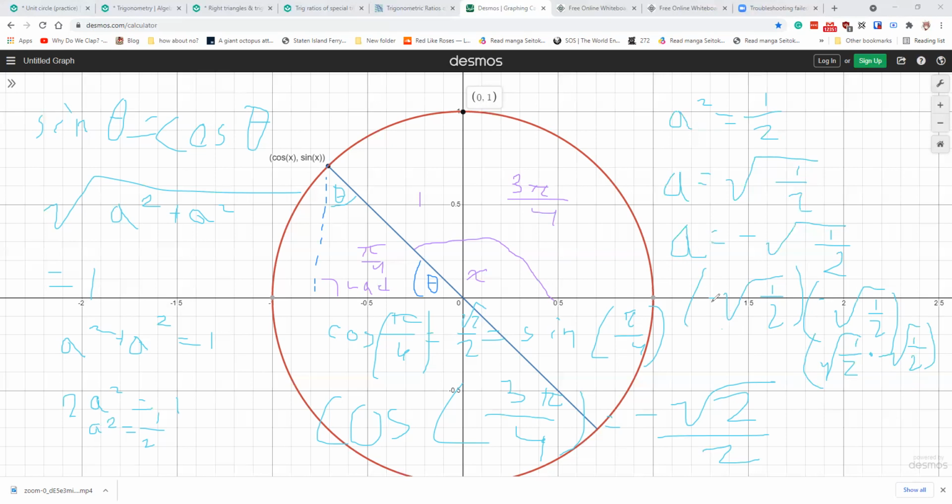But think about what happens to these negative signs. Negative something is equal to negative 1 times that something. And so this is equal to negative 1 times root 1 over 2 times negative 1 times root 1 over 2. So this becomes negative 1 times negative 1 times that. And this whole thing just cancels out.